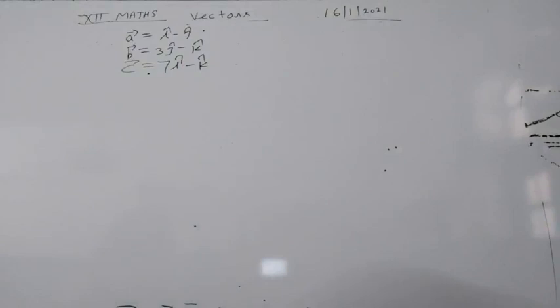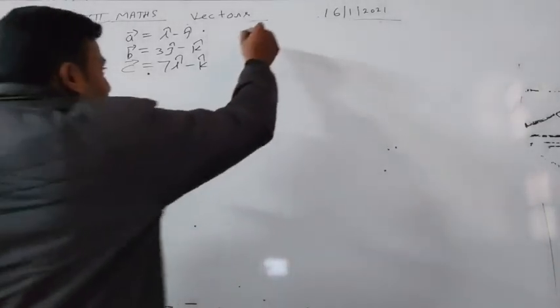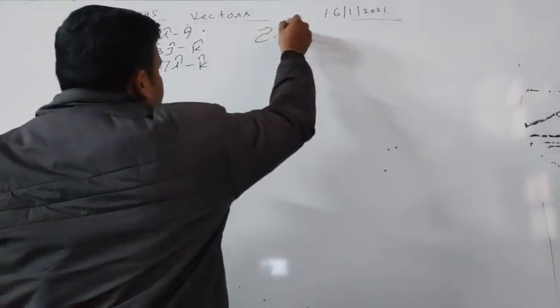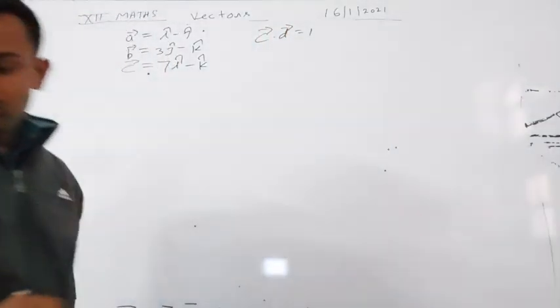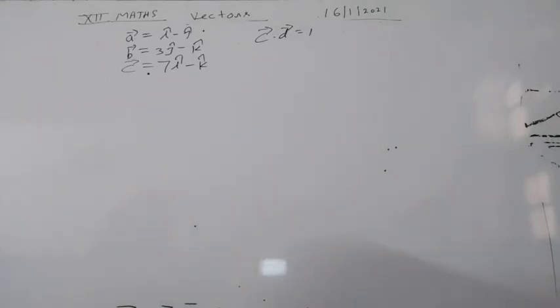Find a vector D which is perpendicular to both A and B, and C dot D is equal to 1.